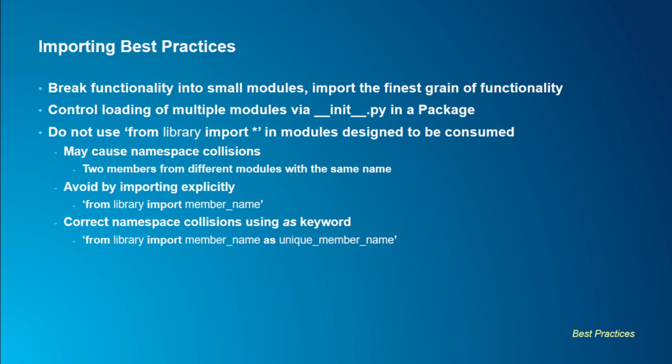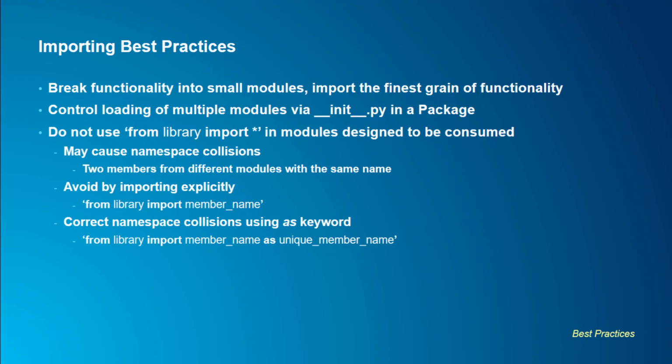There are a few best practices for using import in the best way possible. Break all the functionality down into small modules, so that when you're importing something, it's not bringing up a giant file and running all of it. It's just doing little piecemeal functions.